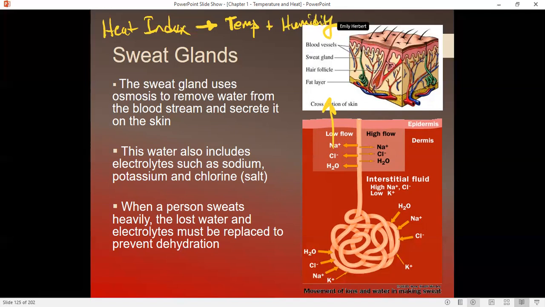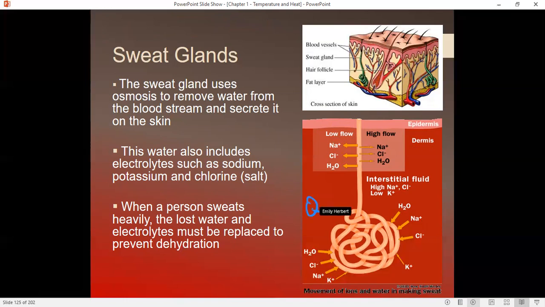Okay? The more water vapor that's already in the air, the more saturated it is, the more difficult it is to vaporize more water and cool our bodies off. Because really, again, Q equals mL. The mass of water that we can vaporize, not the mass of water that we can get on the surface of our skin, but the actual water that vaporizes or evaporates, that is going to be related to how much heat we can get rid of.